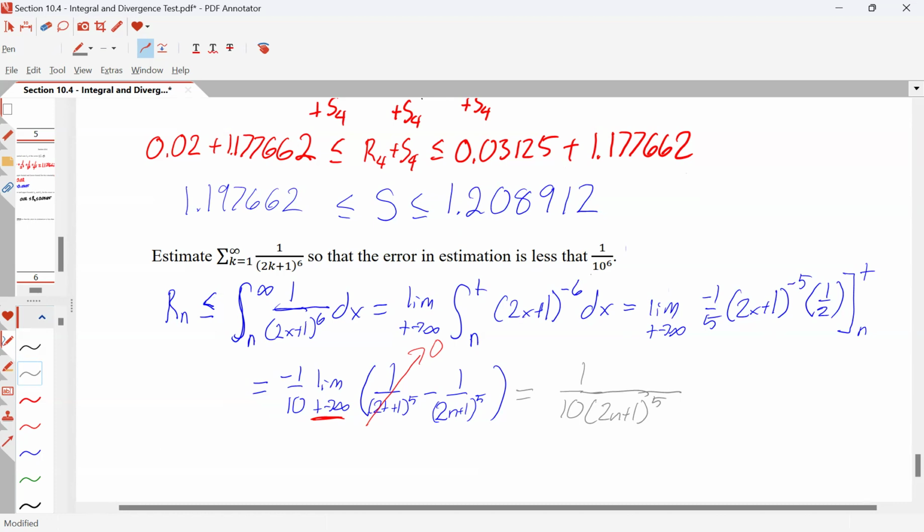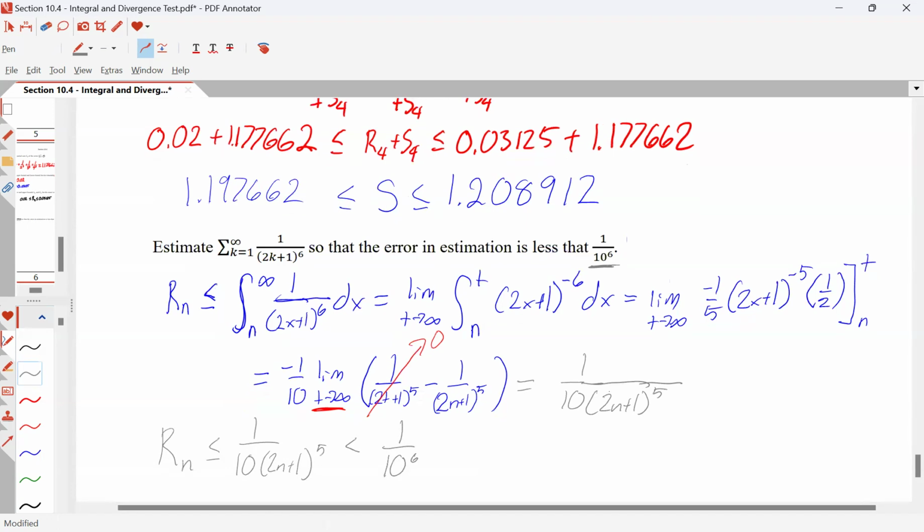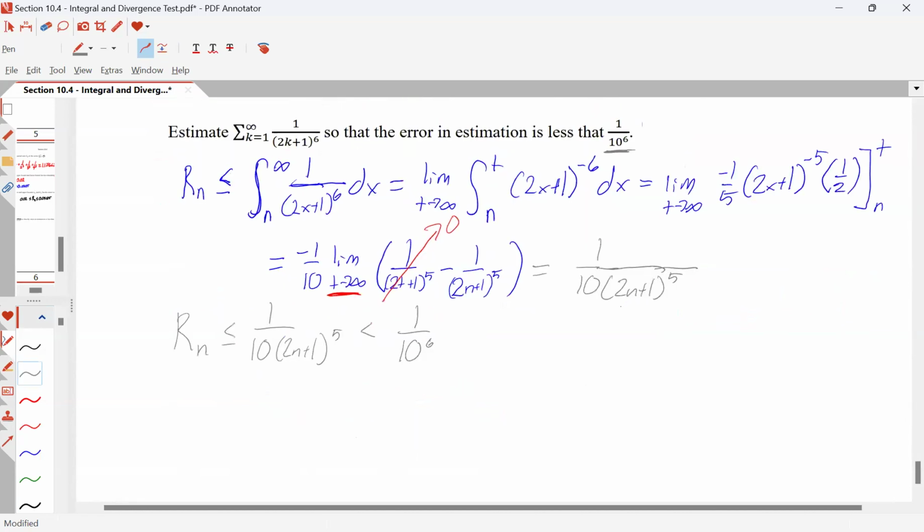And we want the remainder to be less than 1 over 10 to the 6th. So the remainder is less than or equal to 1 over 10(2n plus 1) to the 5th, which needs to be less than 1 over 10 to the 6th. Taking the reciprocal of both of these fractions, this means 10 times (2n plus 1) to the 5th is bigger than 10 to the 6th.